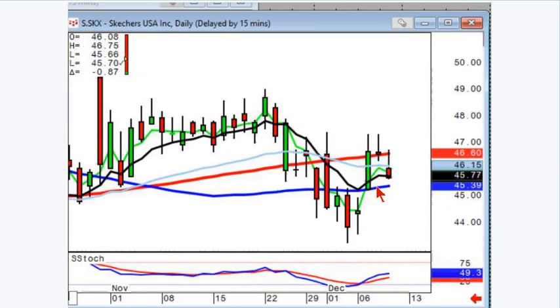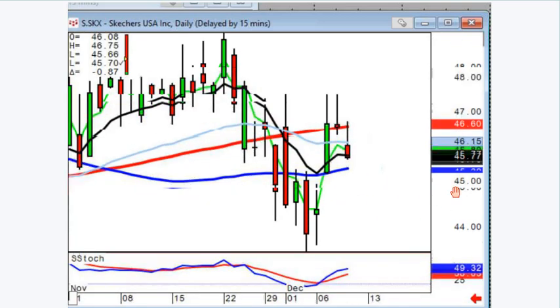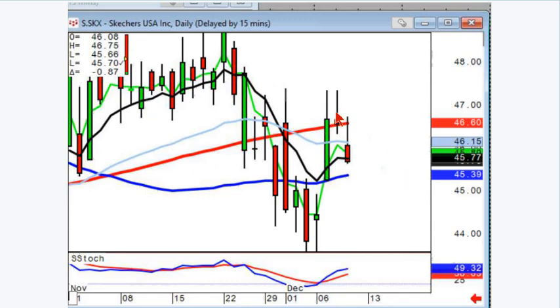Skechers, wouldn't be long or short this one. If I had gone long, I would have been out of it today. What is the tick size on wheat? $12.50 per tick.